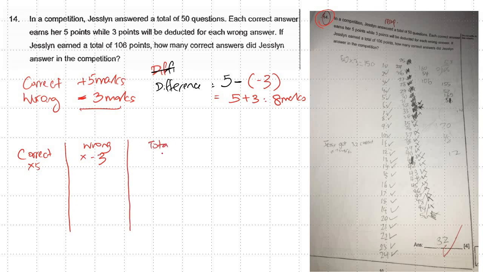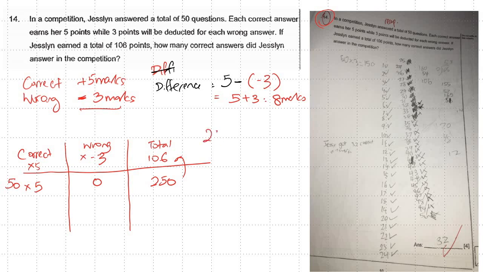Total is 106, right? Okay. Total is 106. So for this case, I put all into the correct one, 50 times 5. Then I don't have any wrong one. In this case, I will have 250 marks, which is not what I want, as I want 106.